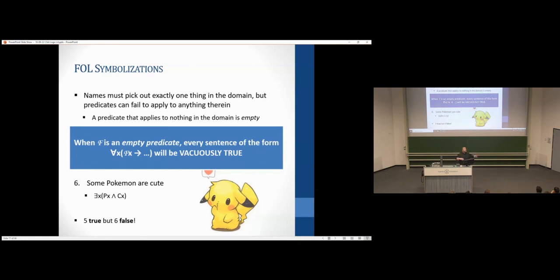Good. So that means empty. Right? So like a vacuum. The vacuum of space, the emptiness of space. Right? So it's vacuously true because there's just nothing you can fill in to make the first part true. Okay. So that was my bit on Pokemon. The important thing here was, again, this point about vacuous truth with empty predicates.